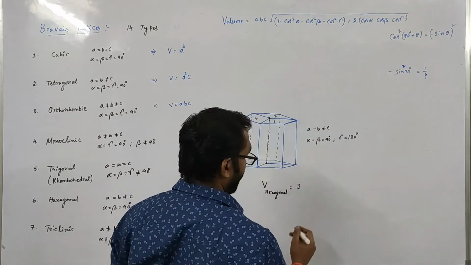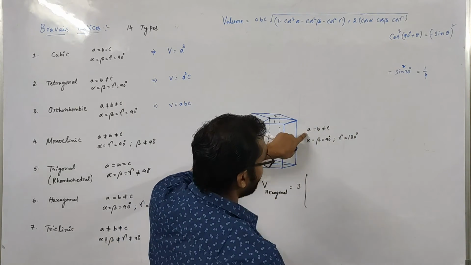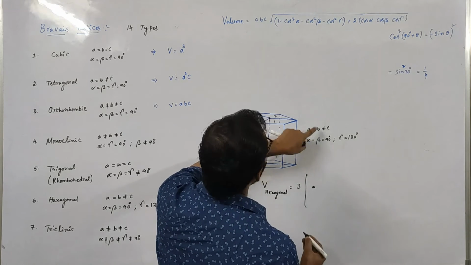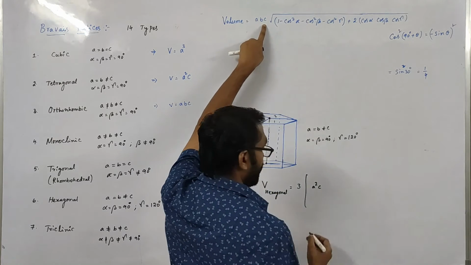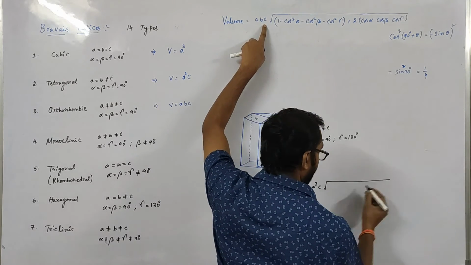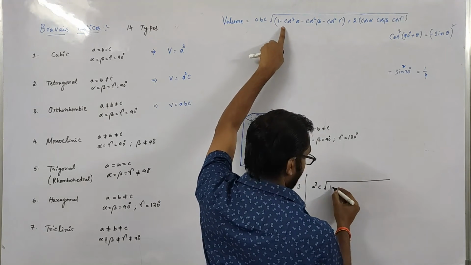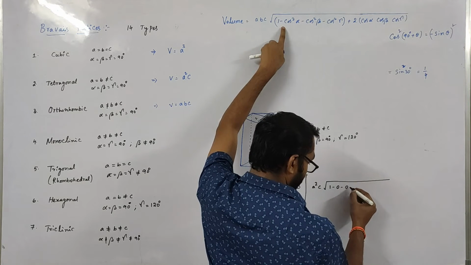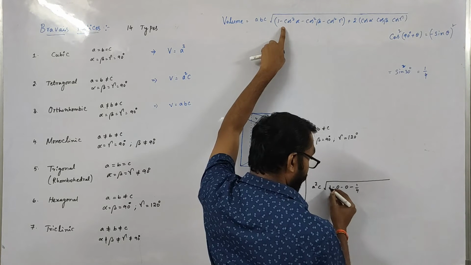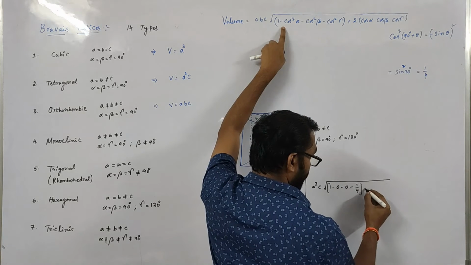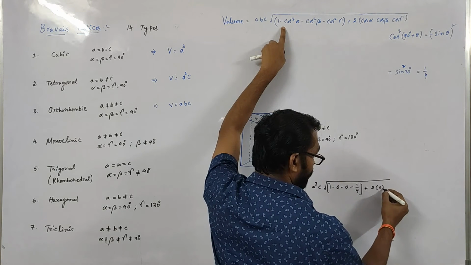I have to use this formula. A square C, because A and B are equal, A square C into root of 1 minus 0 minus 0 minus 1 by 4, correct? Plus 2 into 0.